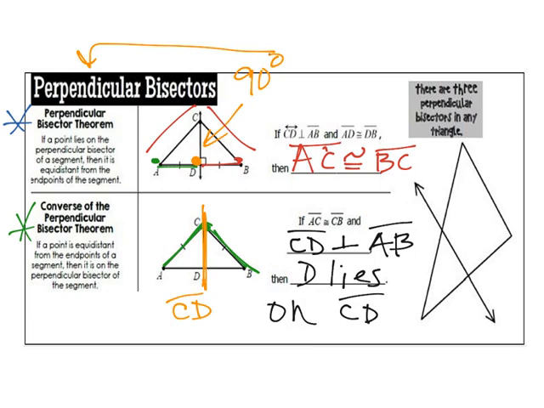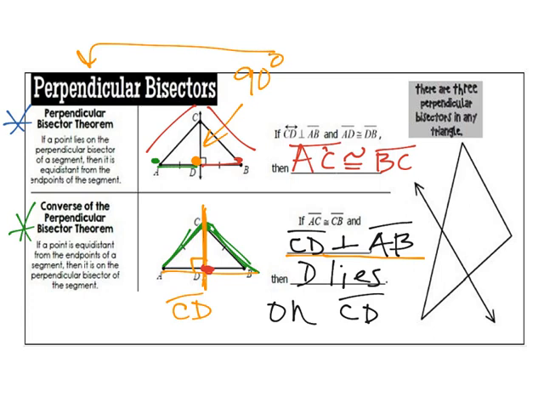Okay, let's take this here. So again, if AC is congruent to CB, we've established that, and CD, which is this orange line here, is perpendicular to AB, then D, this point we already talked about, lies on CD, which is the perpendicular bisector.